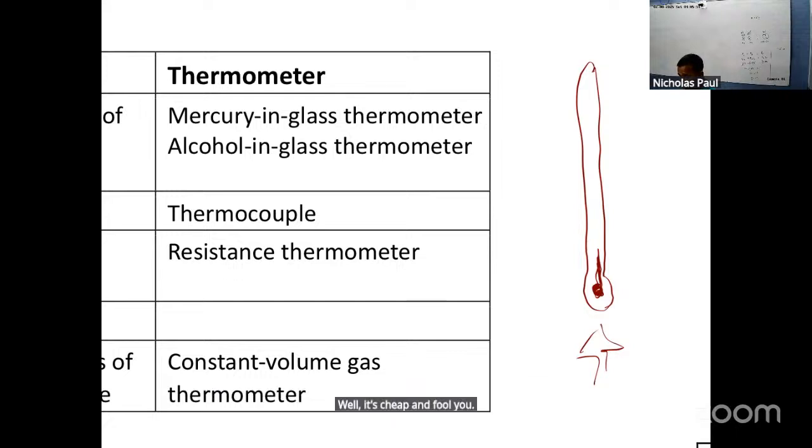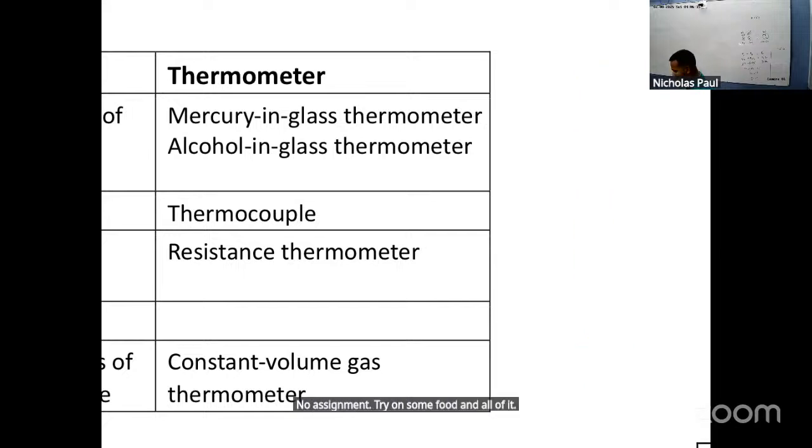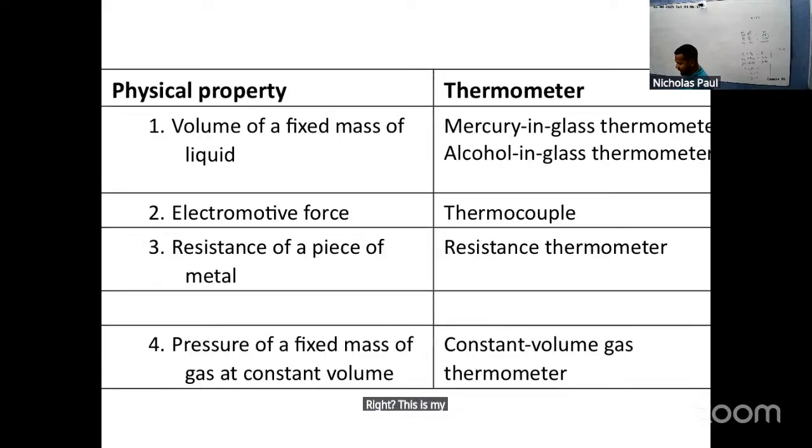Are you okay with that, Joshua? Tell me again for mercury, the thermometric property is what? Right, the thermometric property is the volume of the liquid.